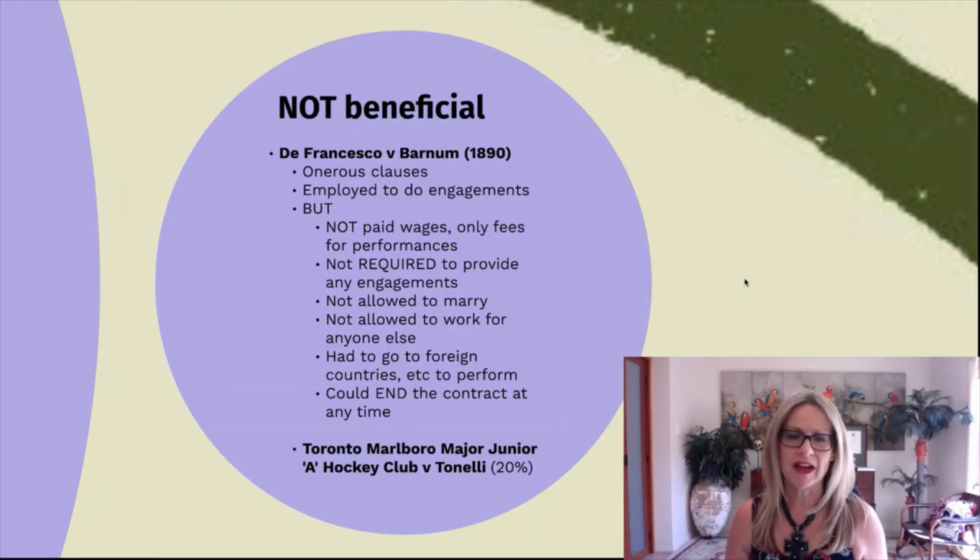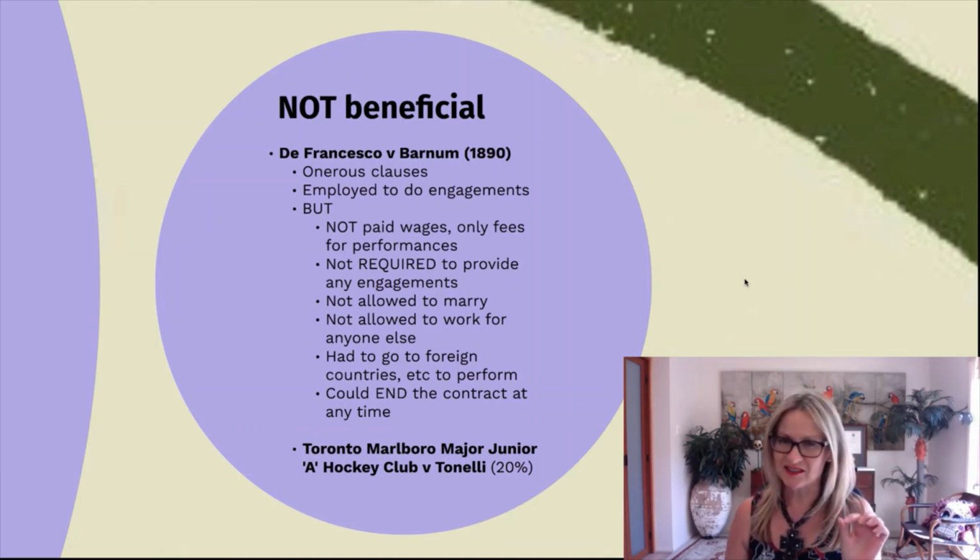The Toronto Major Junior A Hockey Club case was another case that was more the exception than the rule. Also the case in that scenario that the contract was not in the minor's best interest, and that was a nasty little clause. It's what we would ordinarily call a reach-through clause, and we had this minor being employed by the hockey club.